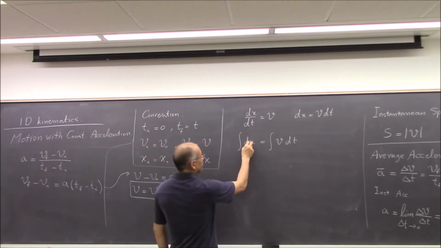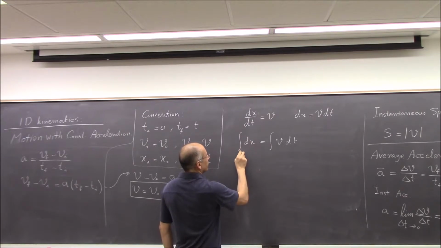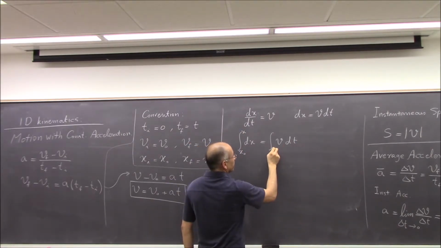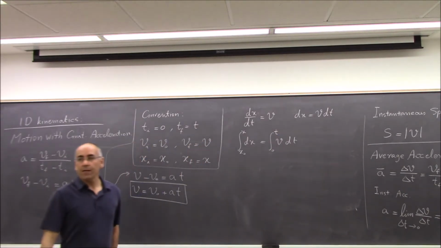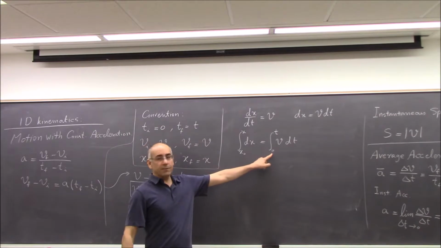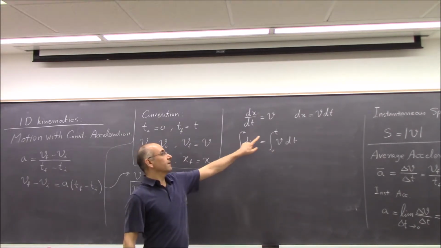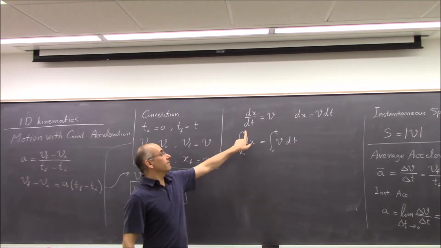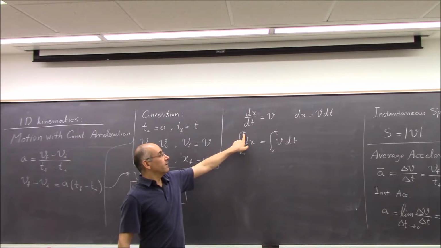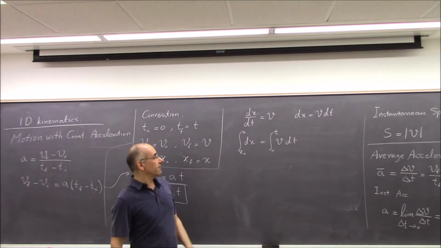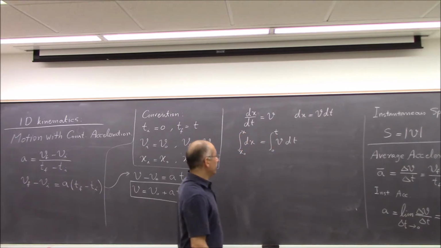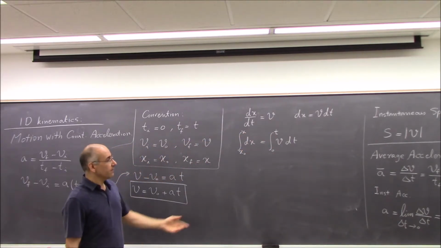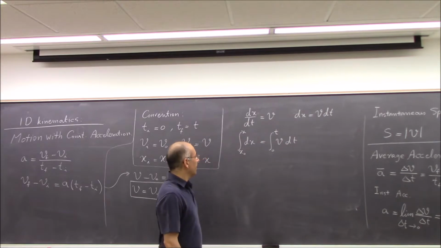The integral on the left is from x naught to x, and on the right it is from 0 to t. Because in the initial situation, t is 0 and x is x naught. The final situation is t equal to t and x equal to x. Sometimes you go from t1 to t2 if you want. In general, we have t1 to t2.